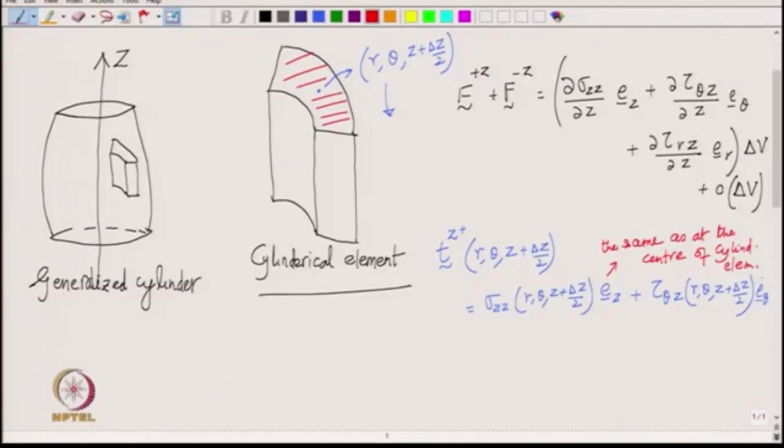So, this value is also the same, E theta, and then the last one is plus tau r z, that also evaluated at r comma theta comma z plus delta z by 2 into E r, right, and E r again would be what it is at the center of the cylindrical element.